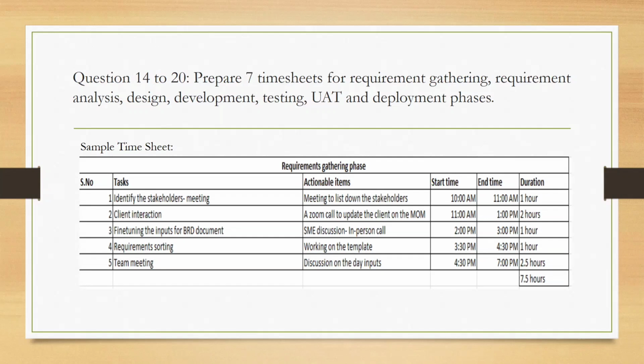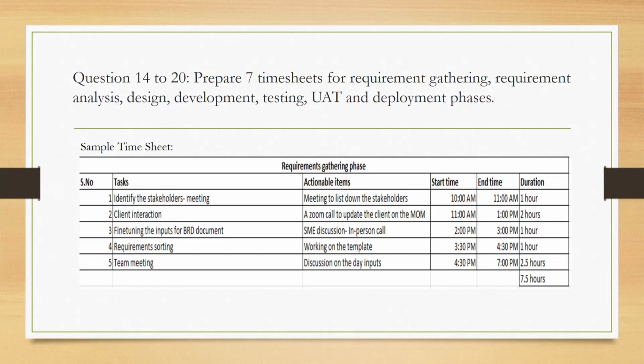As a business analyst, we will mention each phase. For example, for the requirement gathering phase, we will be conducting meetings, like brainstorming meetings or focus group meetings, and we will be preparing the BRD document. And we will be updating the MoM sheet for the client. Like that, we will be doing the tasks.